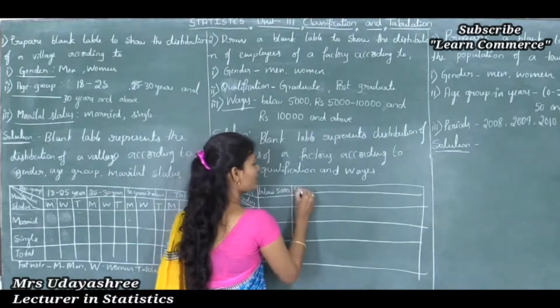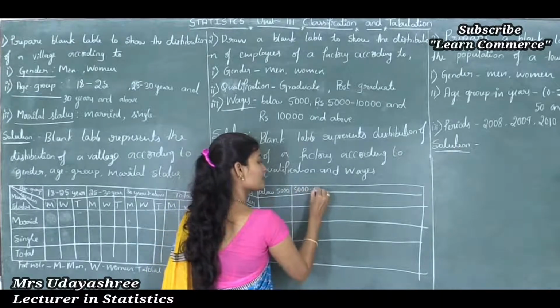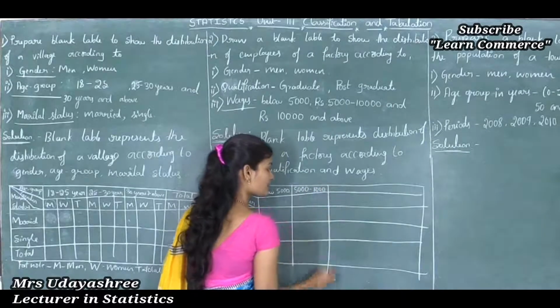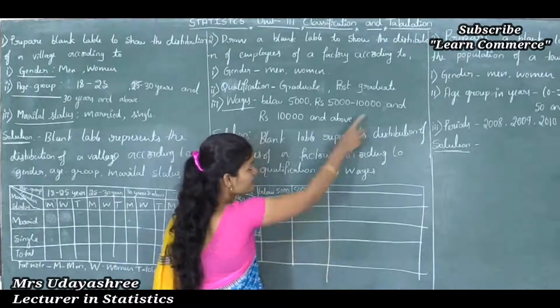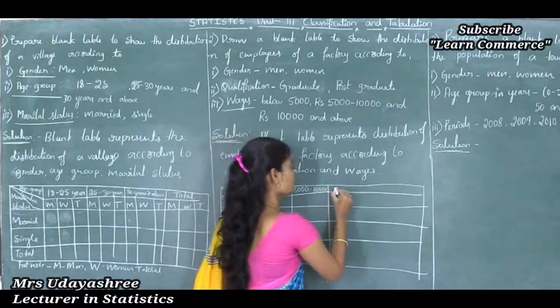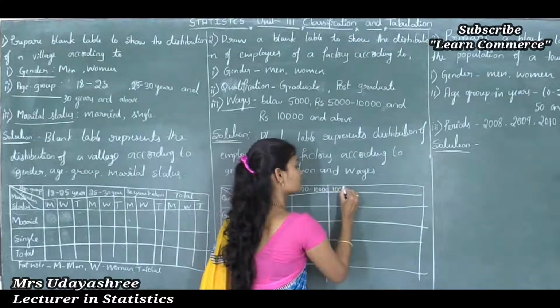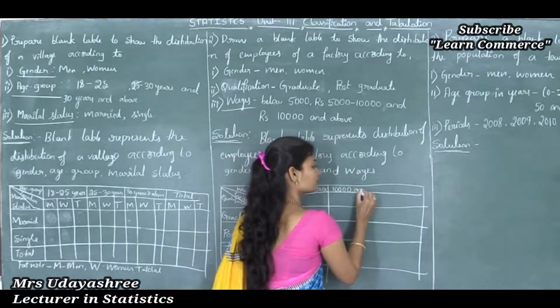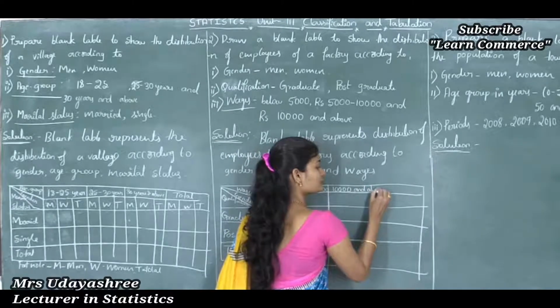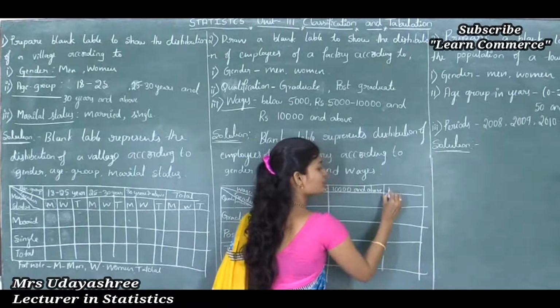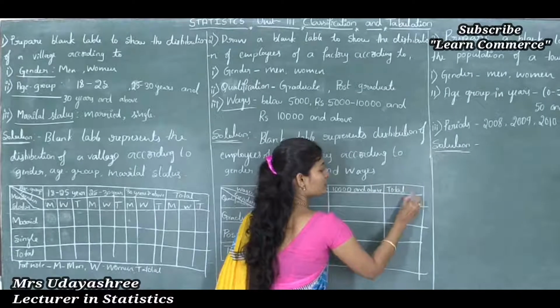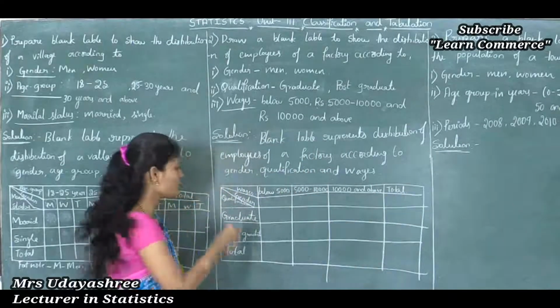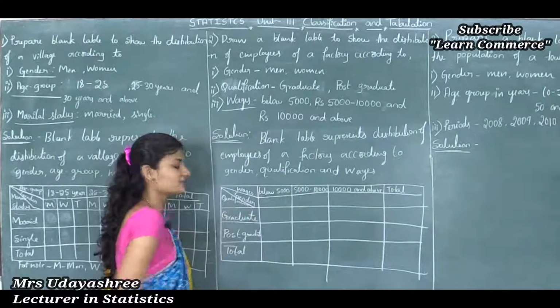Next 5,000 to 10,000. Next rupees 10,000 and above. The last column is total. So here two classifications are over, wages and qualifications.